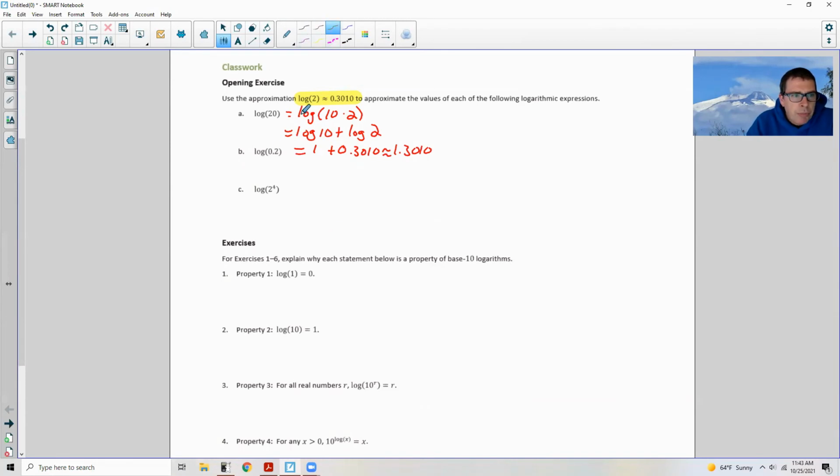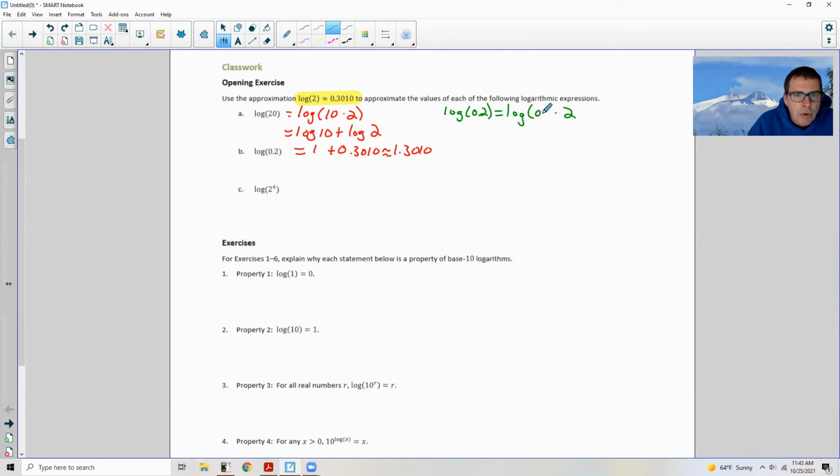Now we're going to move to B, and I'll do that over here. So I'm going to do the log of 0.2, which equals the log of something times 2. Well, to get a 10th, 1/10 of 2 will give me 2/10.